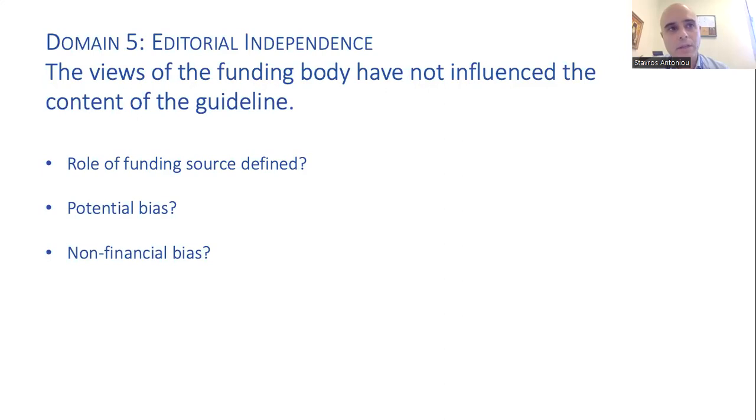And there are opinion papers by leaders in the field of guideline development who support, and in my experience, I can confirm, that non-financial bias may have a great effect on the guideline development process.